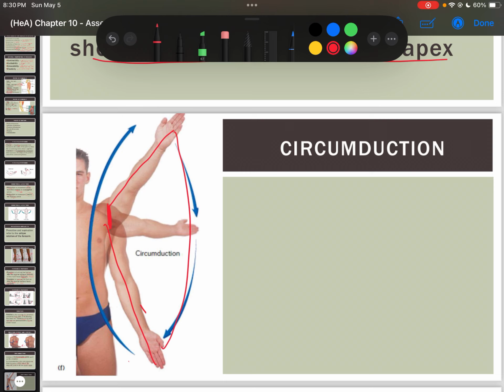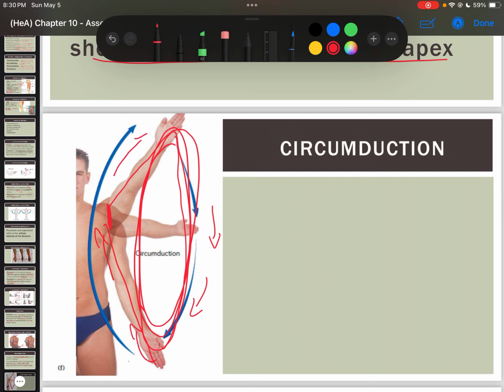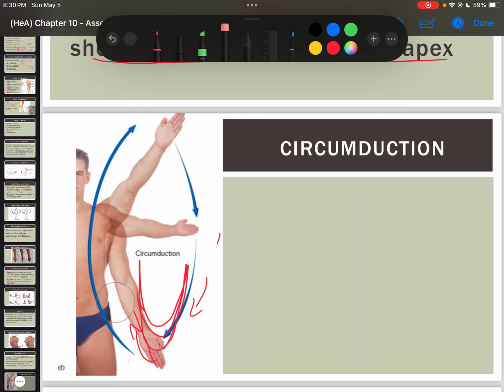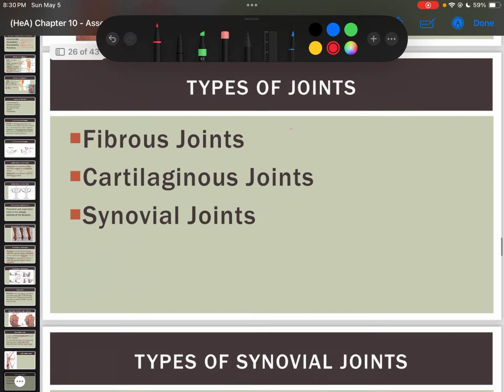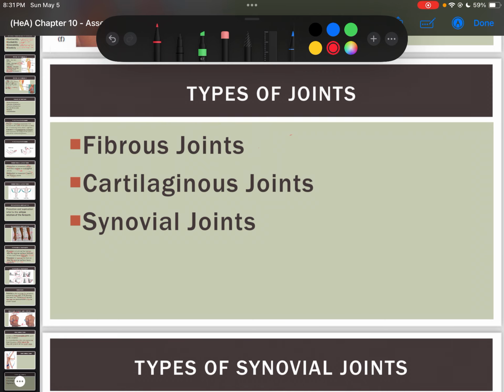Your movement around that is circular. So it's like you're rotating your entire arm around the shoulder joint. That is circumduction.